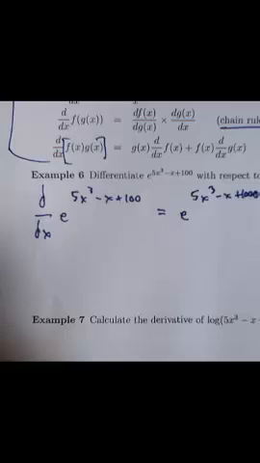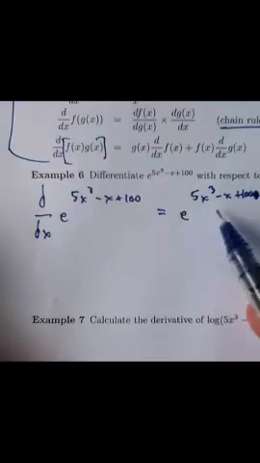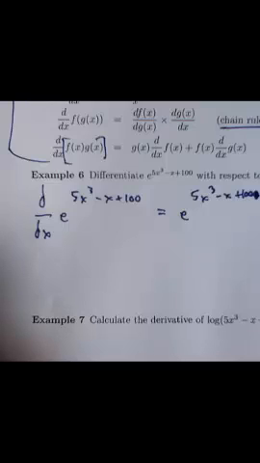Remember that derivative doesn't change, but then I multiply by the derivative of this function g. So what's the derivative of this polynomial up here? It's actually 15x squared minus 1, and then we're done.